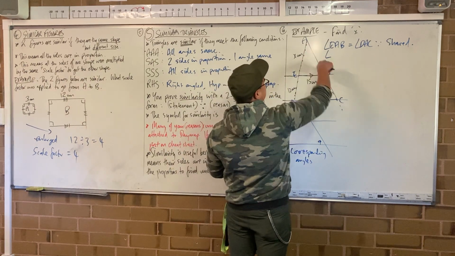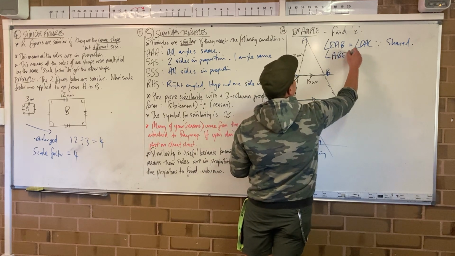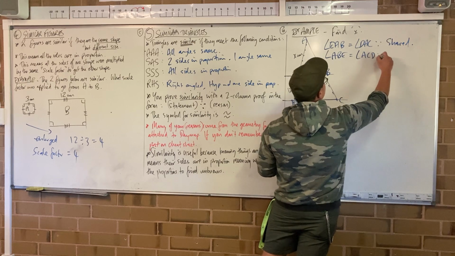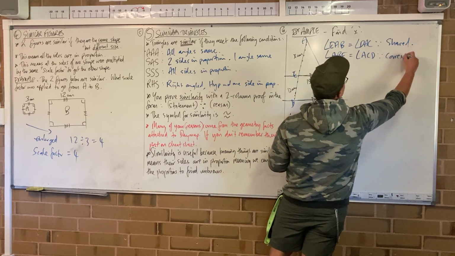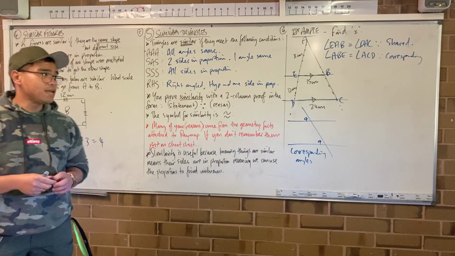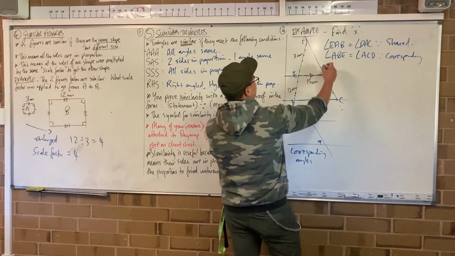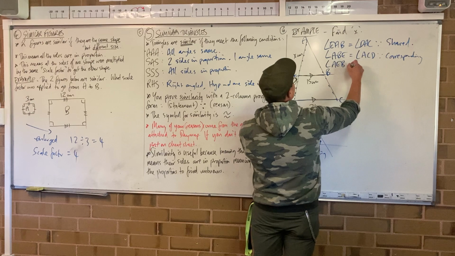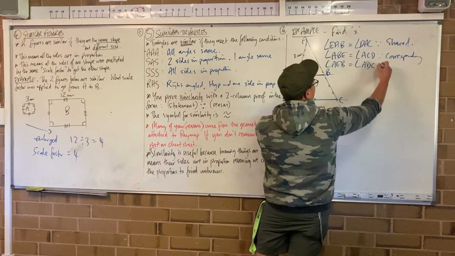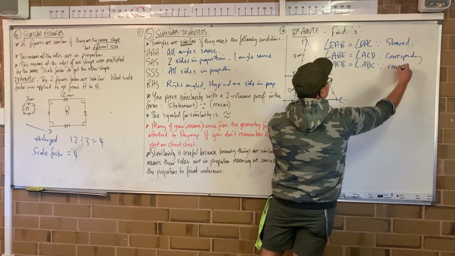So angle ABE is equal to angle ACD because corresponding. We've only done 2 right now. We need 3. So the remaining angles, angle AEB is equal to angle ADC because of the same reason, corresponding.